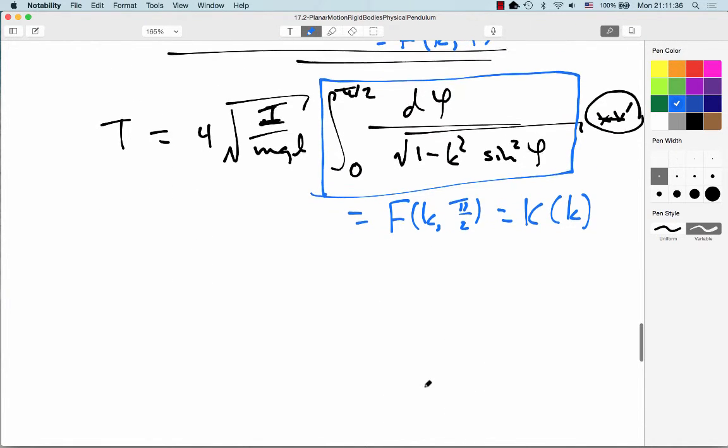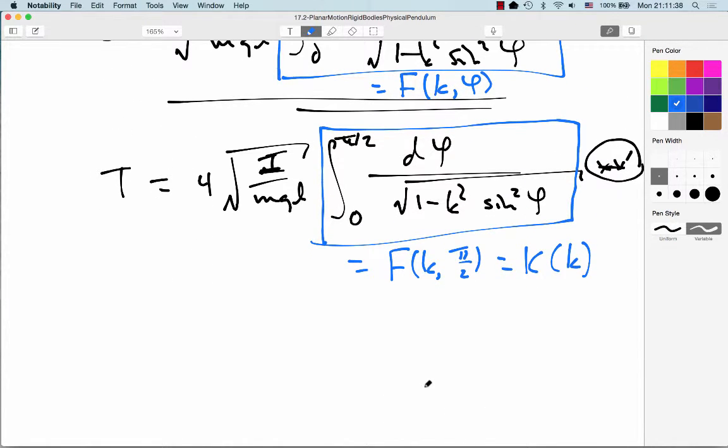You can find these in tables, or you can invoke them in Mathematica. In Mathematica, this gets called EllipticF, and this gets called EllipticK. So, extending further, our period is equal to 2 pi root I over mgl, or I should say our t naught.